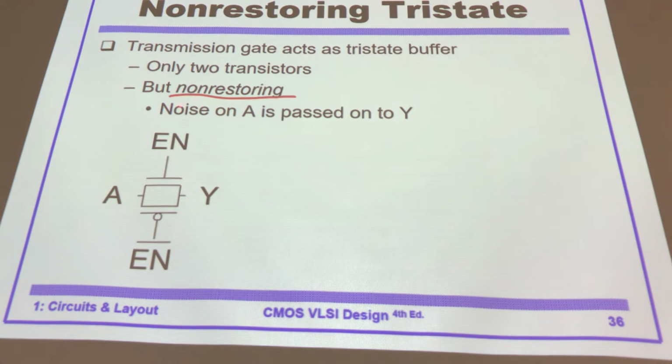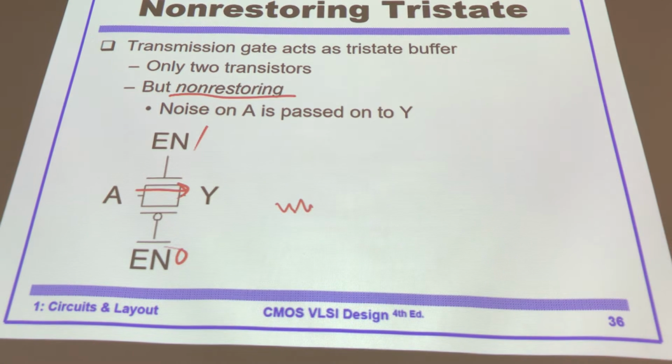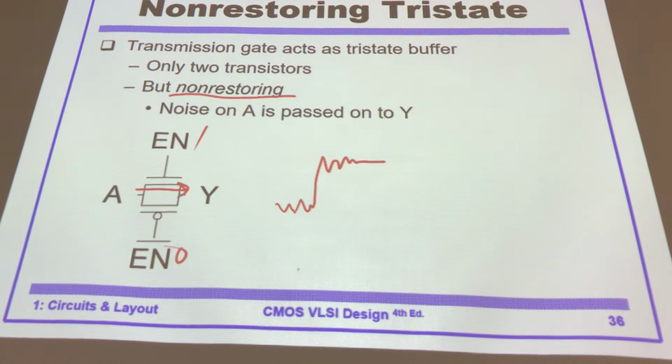But also, noise on A is going to pass on to Y. What do I mean? We enable here, then it's on, it can go through. However, look at the waveform. Typically, the waveform is not going like this. No, that's ideal: voltage 0, ideal voltage 1, and 90 degrees, very steep.